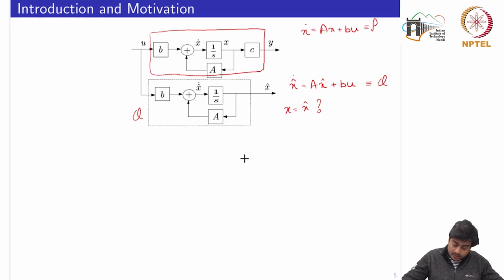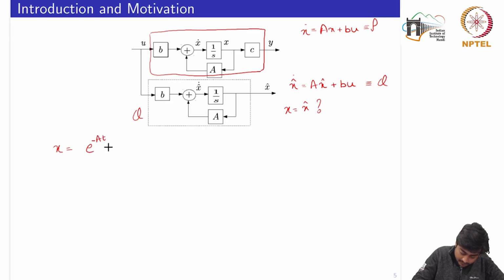So if we go back to this problem, what do we need? First of all, let's see the solution of this x of the plant. The solution of x, we know that you can compute by e to the power minus at x naught.